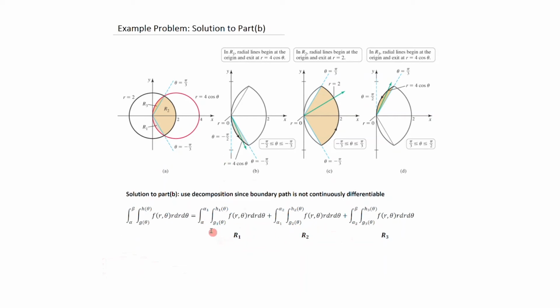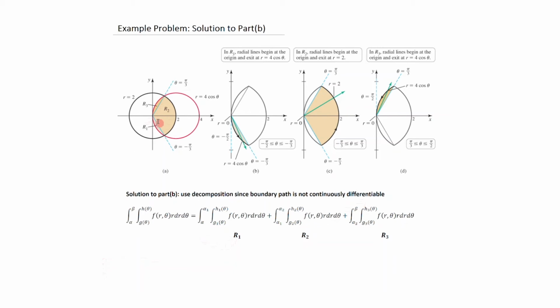So we need to compute what all these values are in terms of bounds, and then the problem is solved. We already solved the intersection problems in the previous problem. So we know this angle is pi over 3, and we know this angle is minus pi over 3. The question now is, what is alpha and what is beta?